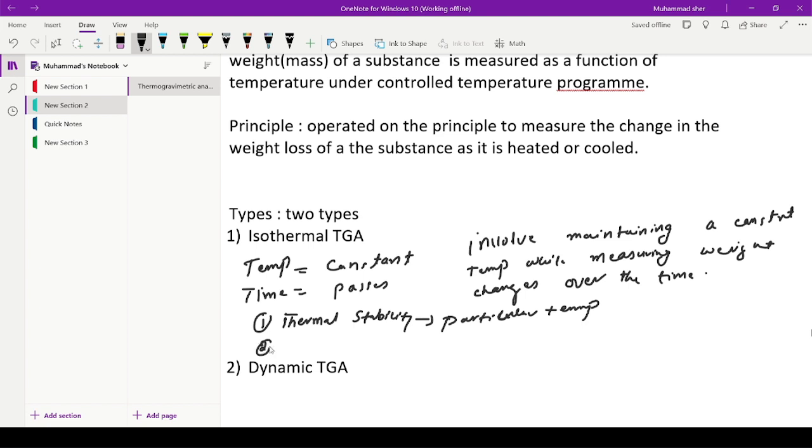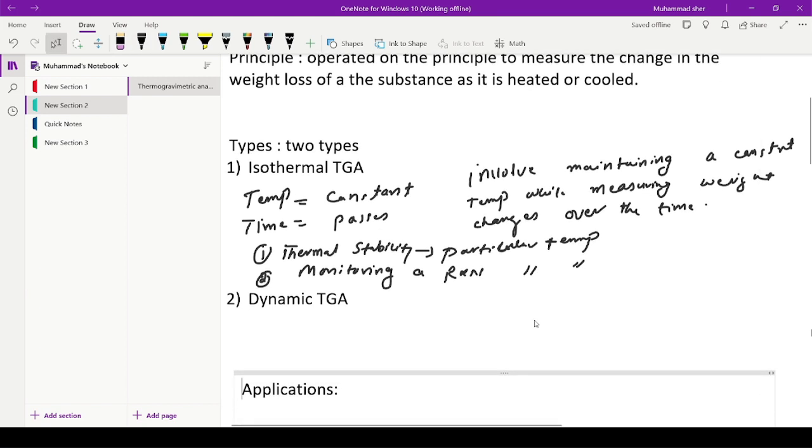The second one, if we are monitoring a reaction at some particular temperature, again this is temperature. So if we are studying thermal stability of any compound at some particular temperature, or we are monitoring a reaction at some particular temperature, then we will go for the isothermal TGA.